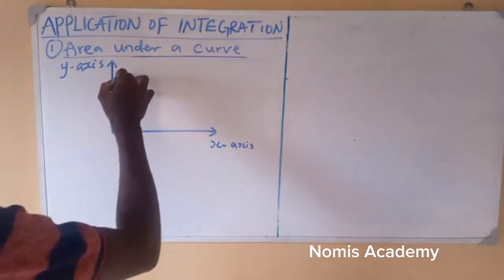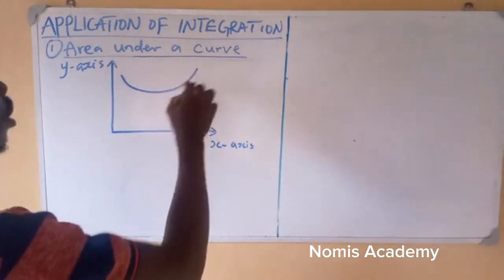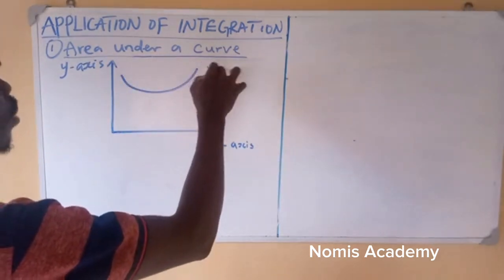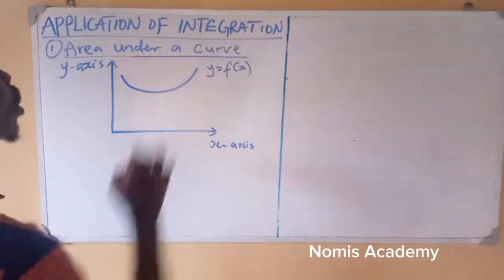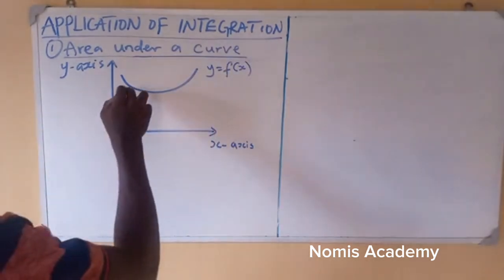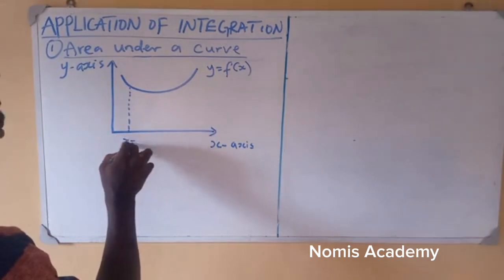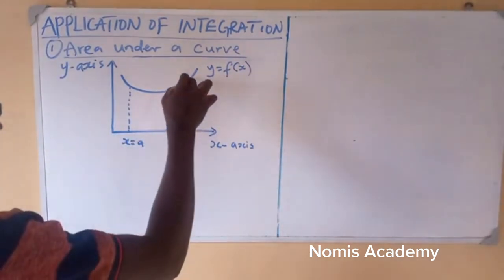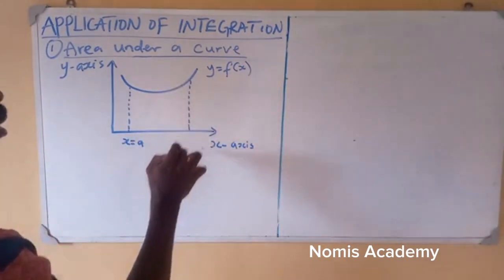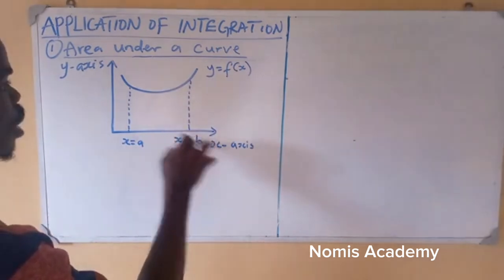Alright, we have a curve. Let's call this curve y equal to f of x, a function. And then we have a line at this point, x equal to a, and another line, x equal to b.